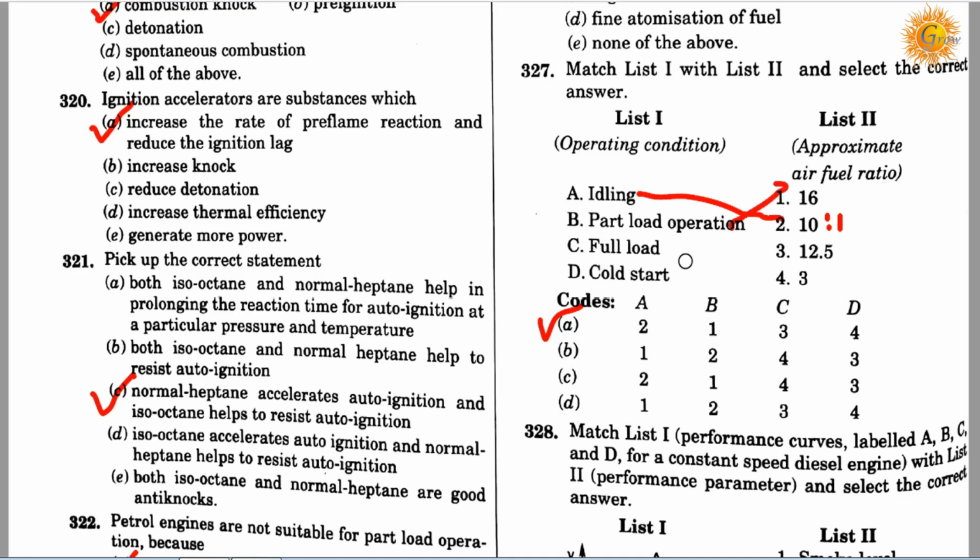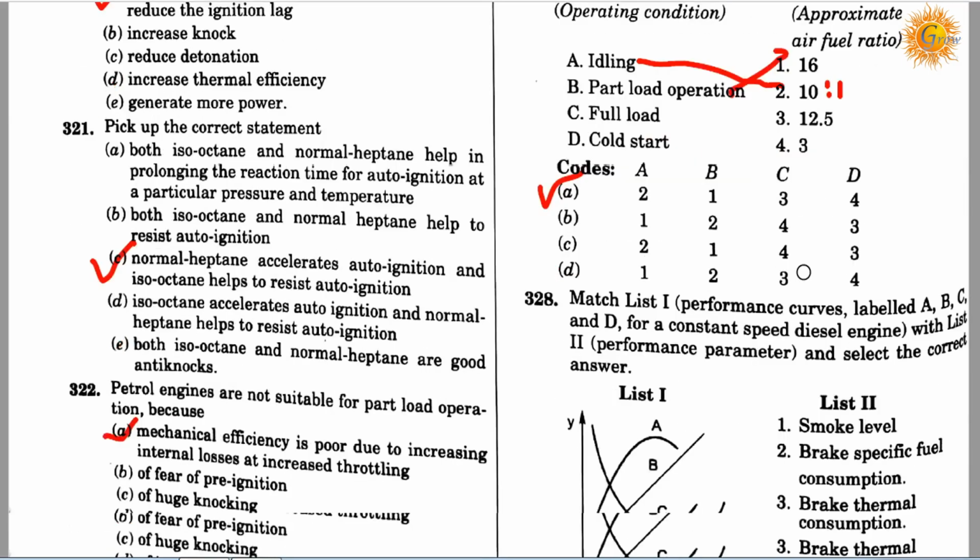On full load it will be 12.5:1, and in the cold start it will be 3:1.